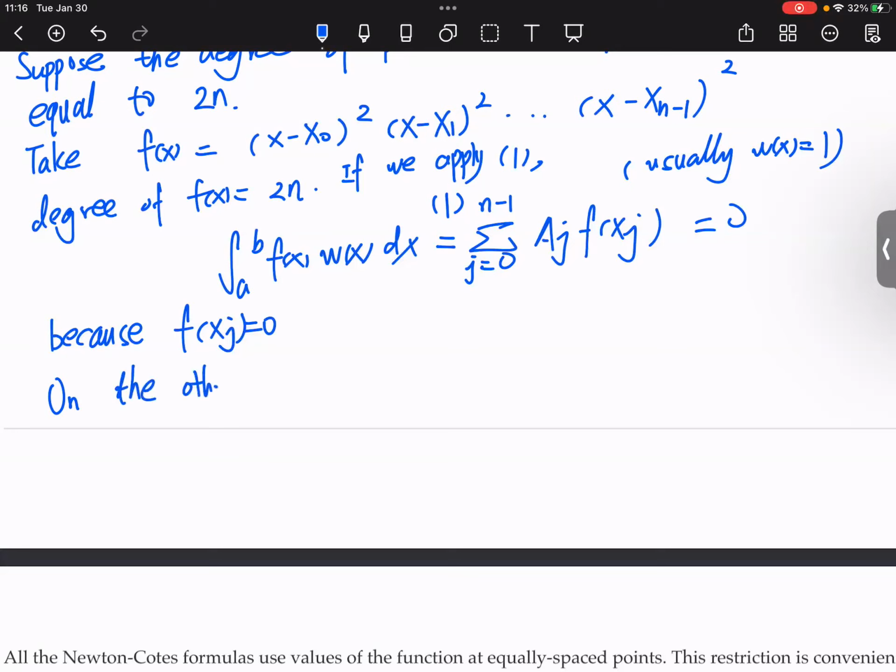On the other hand, the exact value, or the true value, of the integral looks like this.